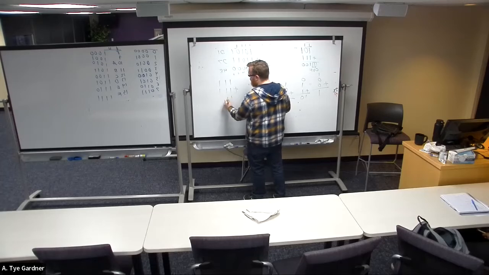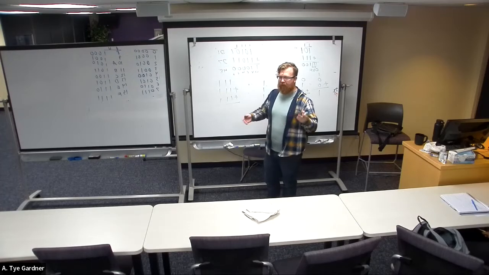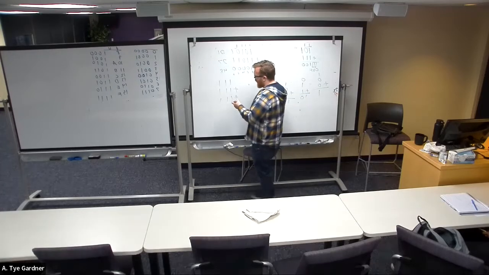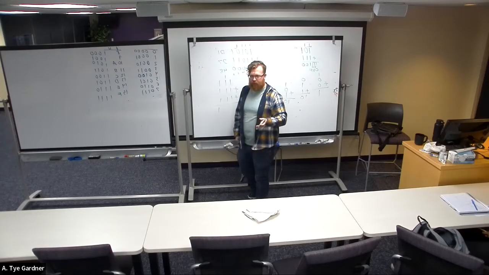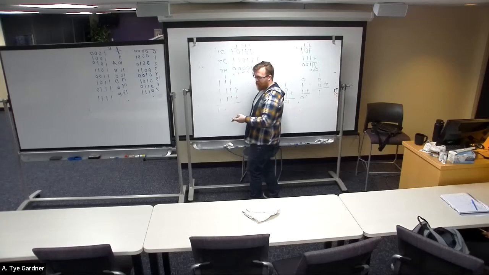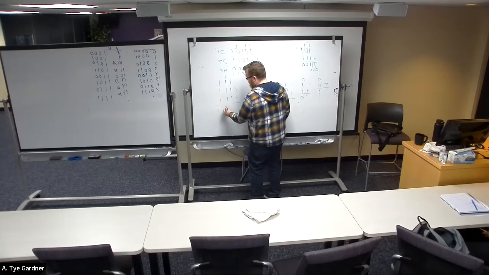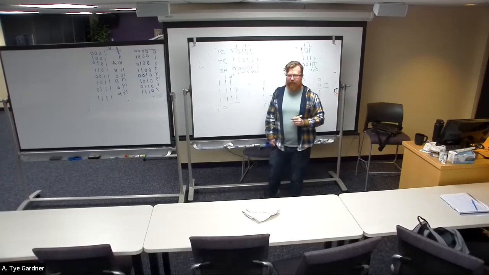Well, it turns out it's the same thing that we would do in any other situation, but it gets complicated and annoying, right? Because 1 plus 1 plus 1 is 3, which we can do. And now we have 1 plus 1 plus 1 plus 1, which is 4, which is 0 with a carry.